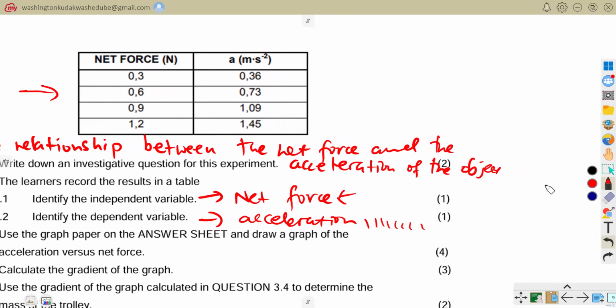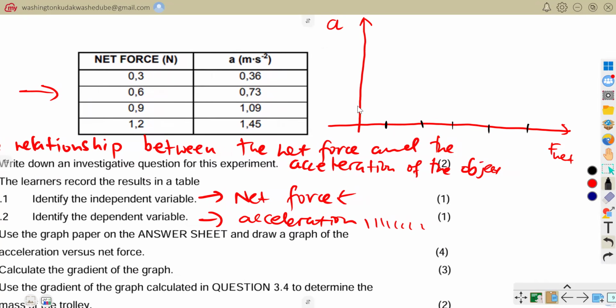So drawing a graph, you would simply come and draw your y-axis as well as your x-axis. They've already told us that we need to draw the acceleration against the net force.